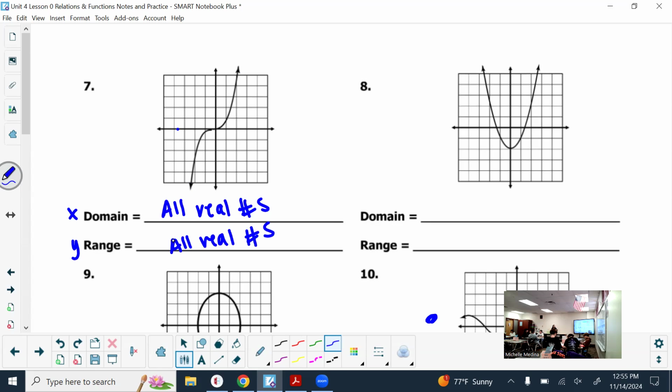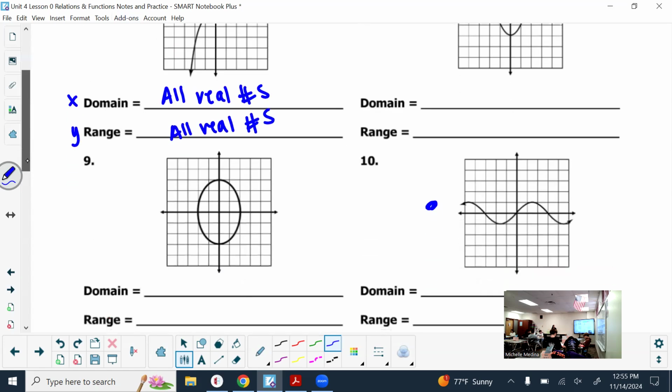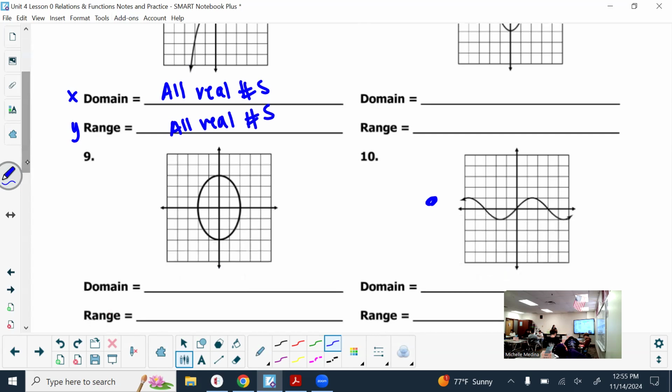Austin? Number 9. This one's kind of like the one we did on our math lab notes from yesterday, except it probably stops and starts at different numbers. So again, domain, your x's, does it go infinitely left? Does it go infinitely right?